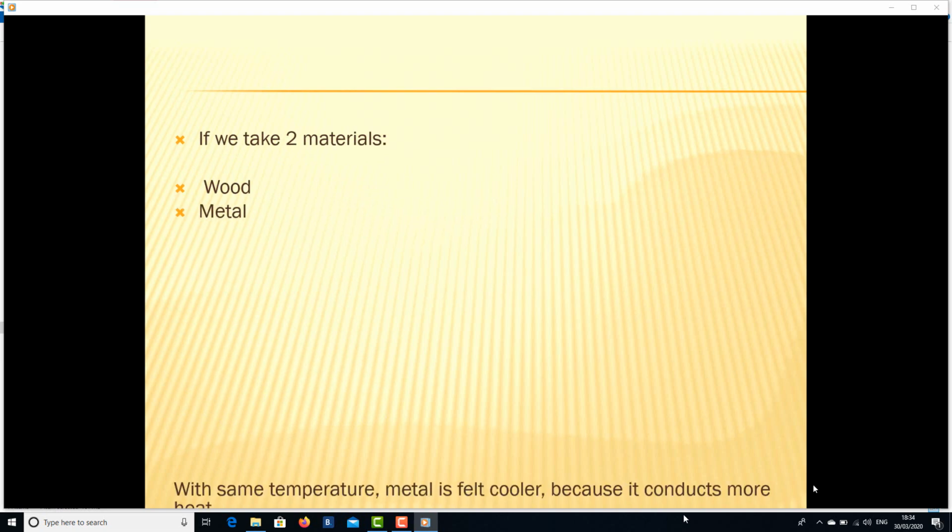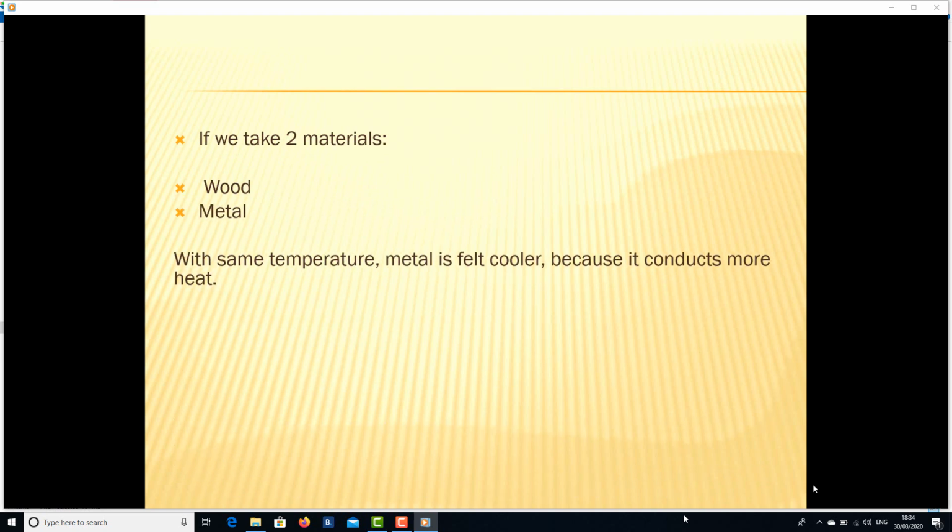So we should know about the variety of sensitivity levels, the variety of numbers, the humidity factor, and the neutral zone. These are quite important things. Now if we take two materials, let's talk about wood and metal.